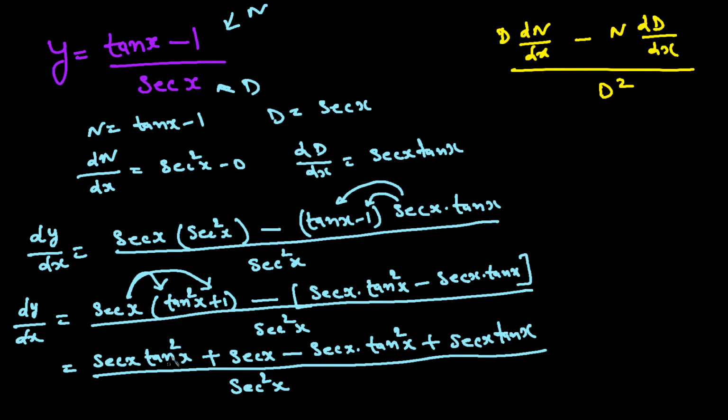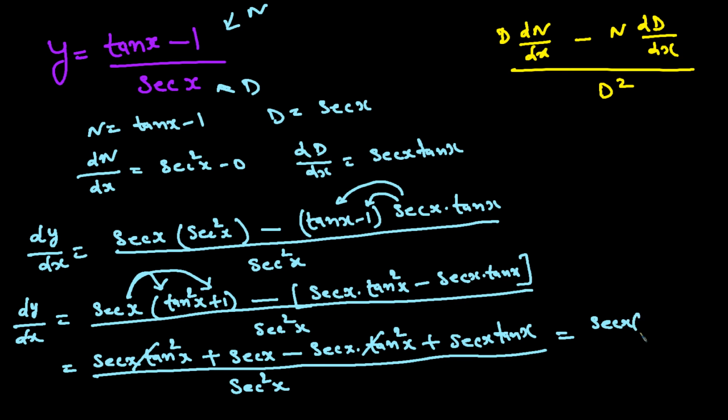Okay, now look at this. This is positive secant x tangent square x, and this is negative secant x tangent square x. So they cancel each other out, and what we're left with is secant x plus secant x tangent x. I'm going to take secant x common from both of them.